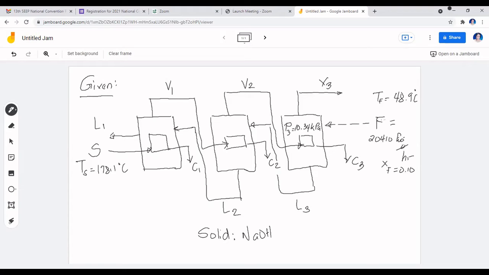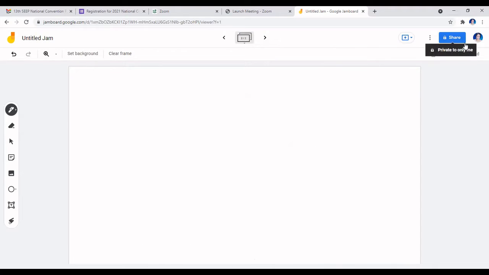Now your U1, your U2, and your U3 are all equal with a value of 2,840. So it's watt per square meter Kelvin. So these are our information. So in terms of our triple effect evaporation system, we go to the required information.